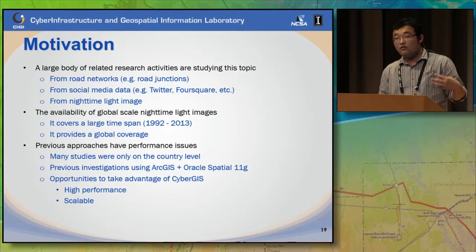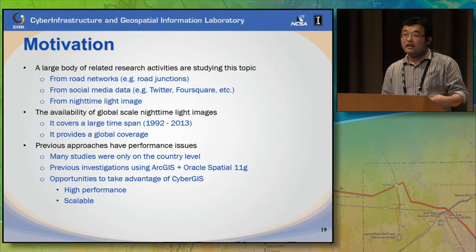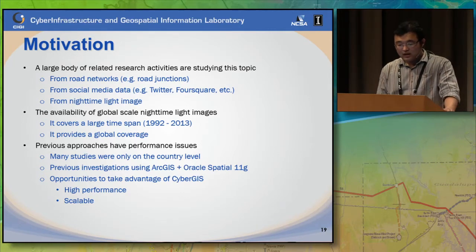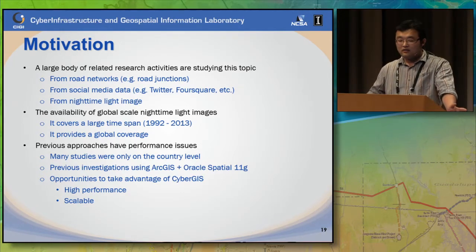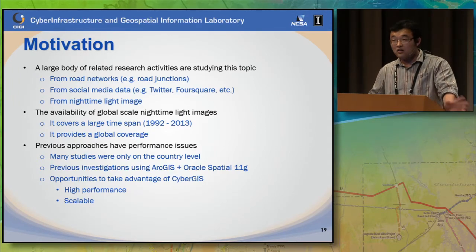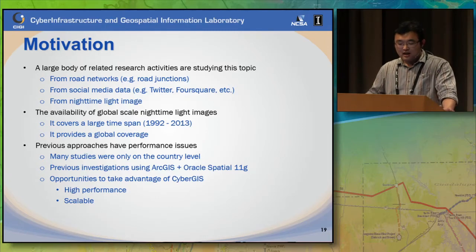And we come from the aspect of nightlight satellite images. The global scale nighttime light image covers 1992 to 2013. It's a long 21-year time span, and it provides a global coverage.